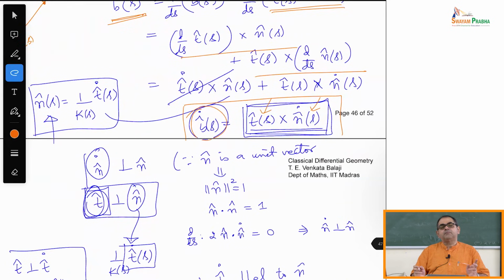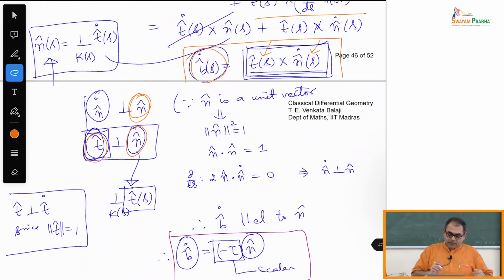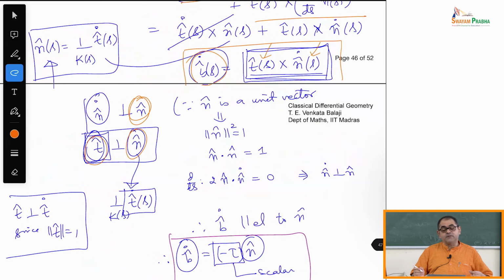Therefore, b cap dot is a vector perpendicular to both t cap and n cap dot, and there is a unique candidate for that, namely n cap itself. You see, n cap is perpendicular to t cap by definition because it is the principal normal. In fact, n cap was defined using t cap, namely n cap is t cap dot of s divided by k of s, and this was motivated by the corresponding form for the plane curve case.